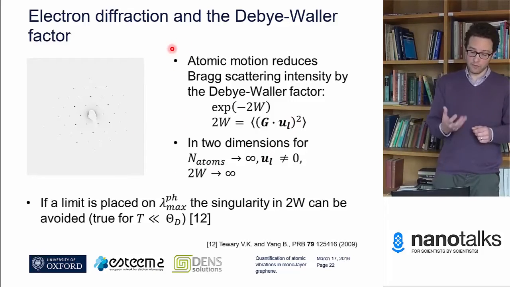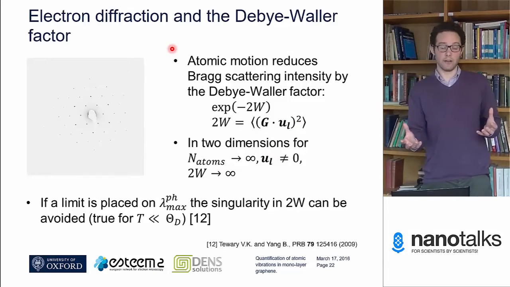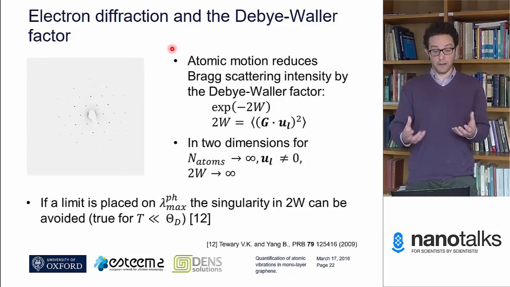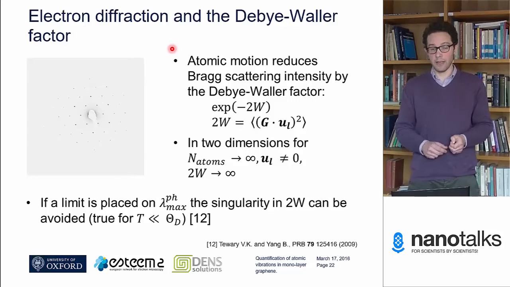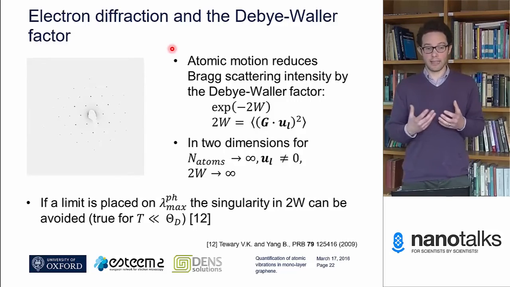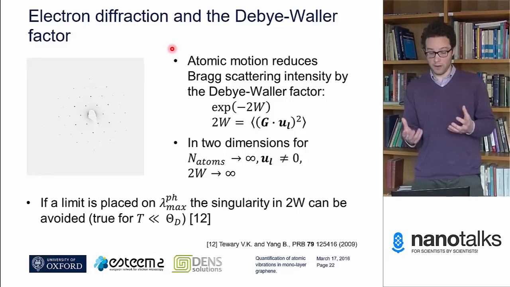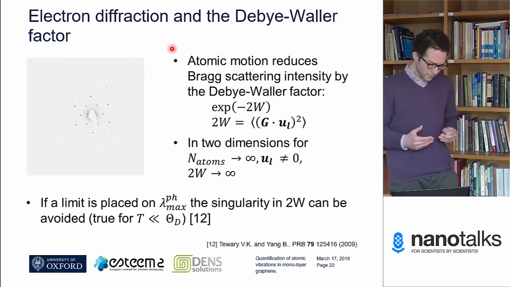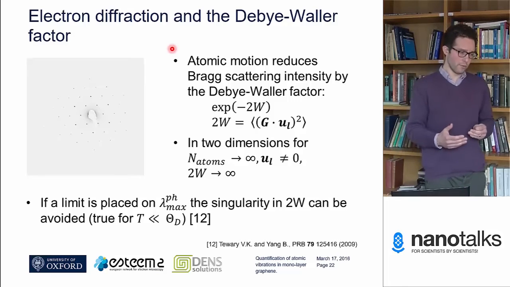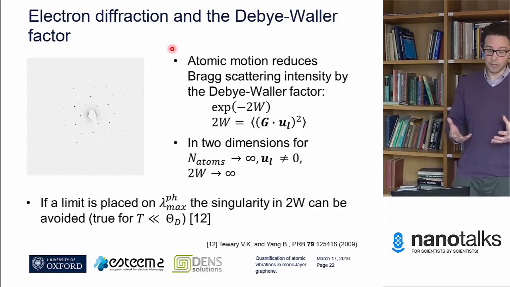So in principle, if we were to measure the intensity of our diffraction spots, we should be able to extract the Debye-Waller factor and from that get information about the mean squared atomic displacement of our atoms in our graphene lattice. And this then leads on to some quite fundamental questions about low-dimensional materials in general.